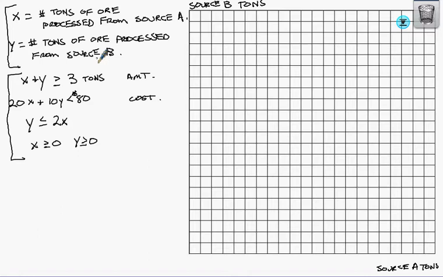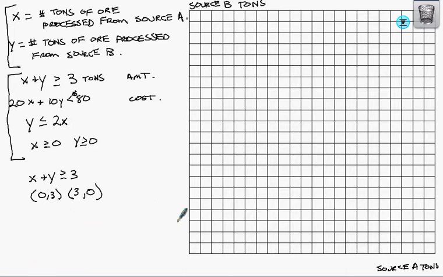Now let's go ahead and figure out our intercepts. For this inequality right here, X plus Y greater than or equal to 3. If I let the X variable be 0, Y would be 3. And if I let the Y variable be 0, then X would be 3.